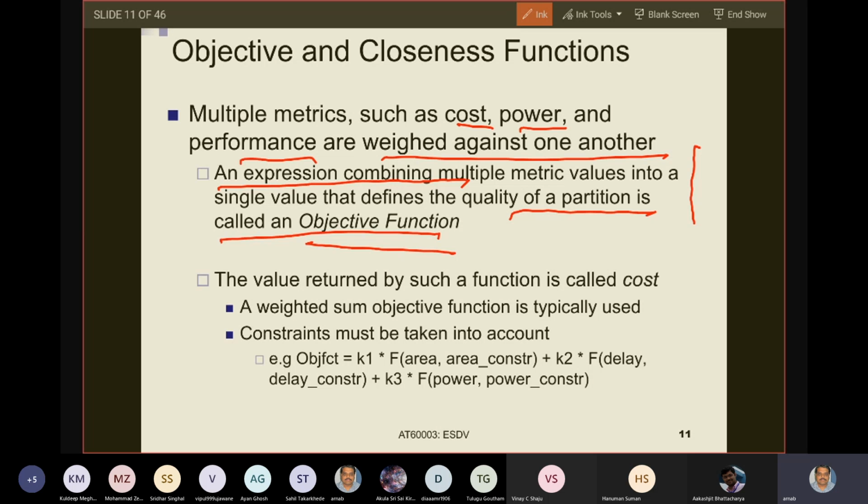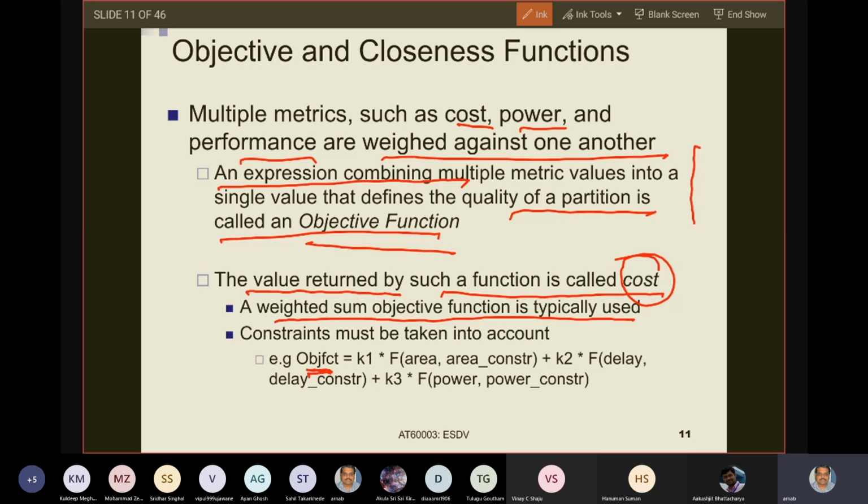The numeric value returned by such a function is called the cost. This numeric value of the objective function is called the cost of partitioning. What is the cost or quality of partitioning? That is a weighted sum of, let us say, multiple constraints.